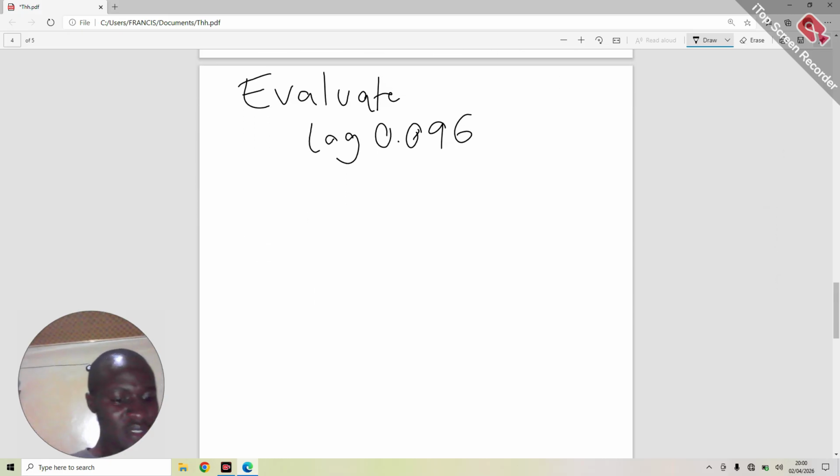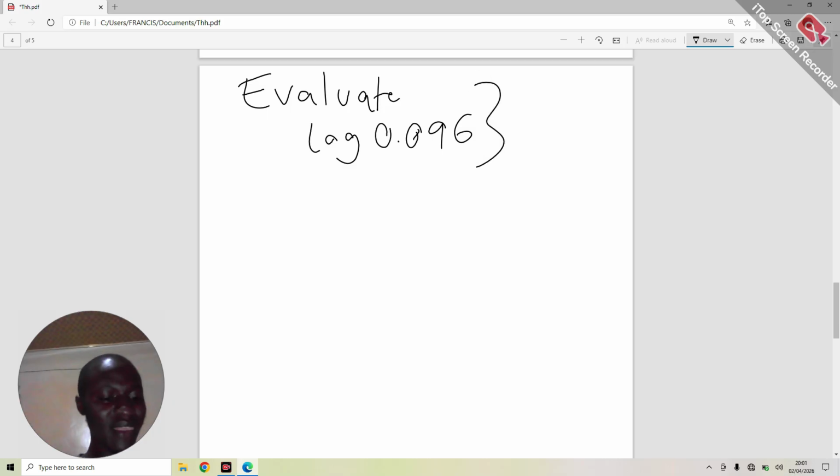Let's continue. An examiner needs you to express the third log he or she has given you in terms of log 2 and log 3. I want you to get me clearly. So this is the third log. Remember the first two logs, they are domain.